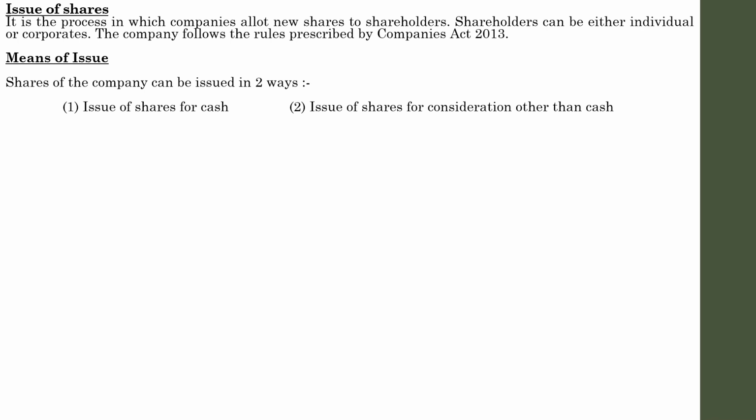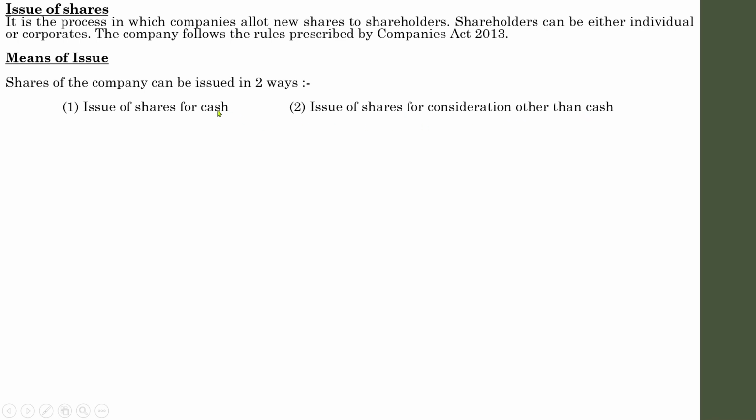It may be your machinery valuing 1 lakh or a vehicle valuing 1 lakh. So if the company is willing to buy that particular asset worth rupees 1 lakh in order to issue the shares of the company, if the company agrees to it, it can conduct that transaction. So that is known as issue of shares for consideration other than cash.